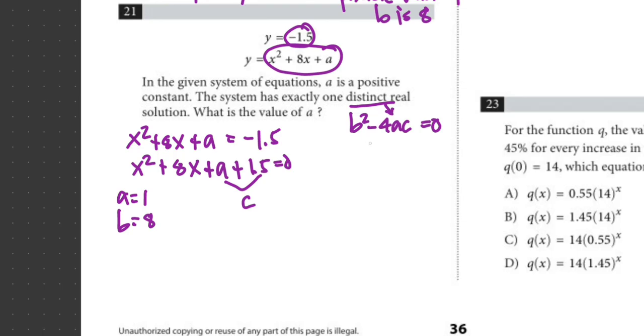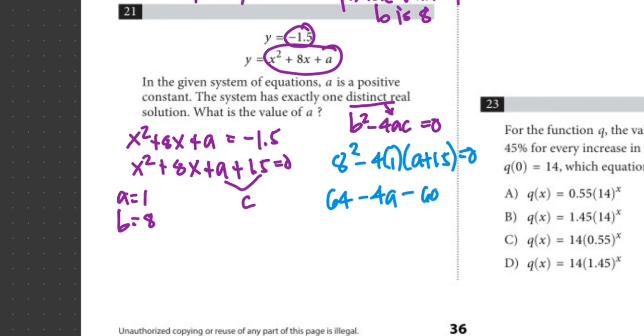Now let's plug everything into the discriminant formula. So that is 8 squared minus 4 times 1 times (a plus 1.5) equals 0. So this is 64 minus 4a minus 15 times 4, 60, equals 0.